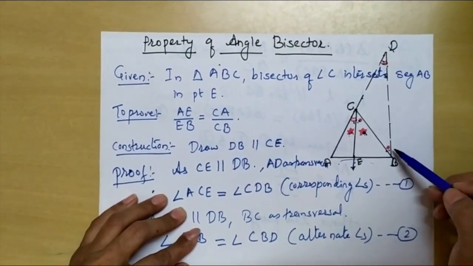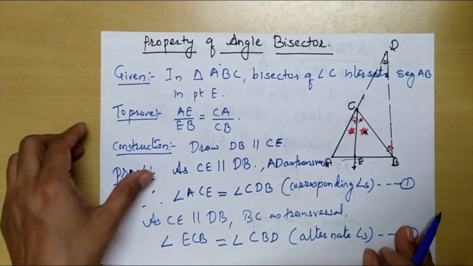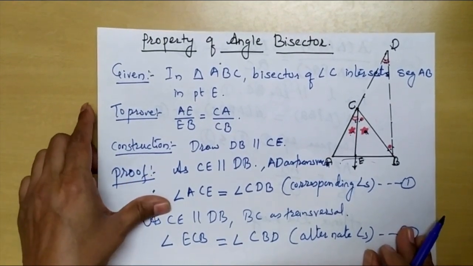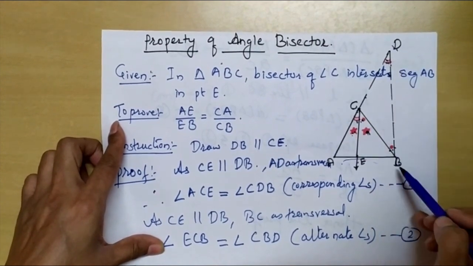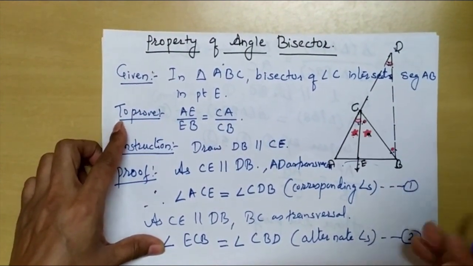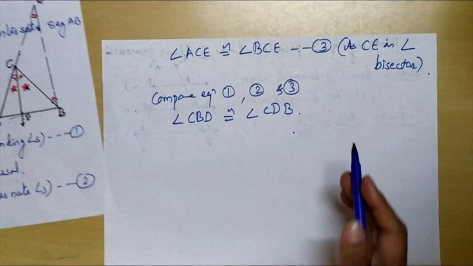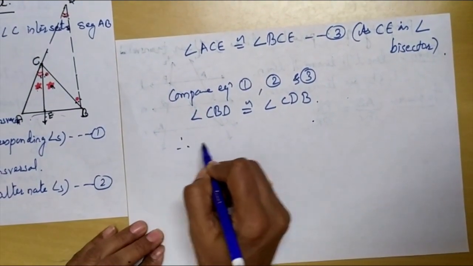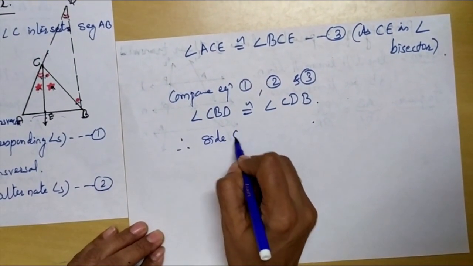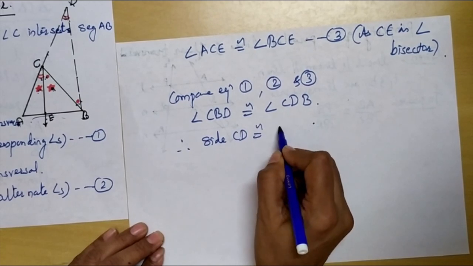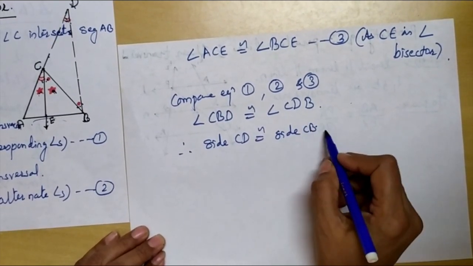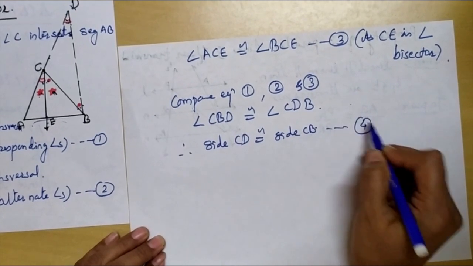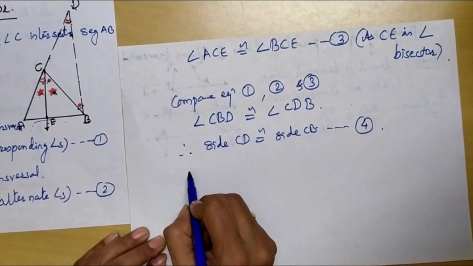As the base angles are congruent, it will be an isosceles triangle. Then what is the property of an isosceles triangle? The sides are always congruent. CD will be congruent to CB. Therefore, side CD is congruent to side CB. Equation fourth.